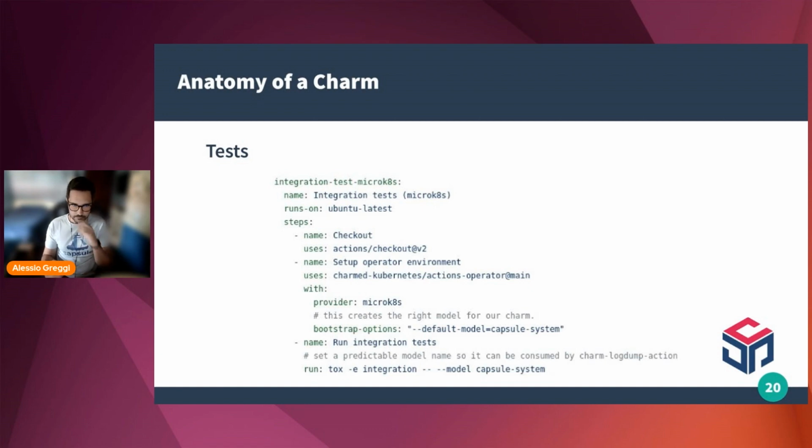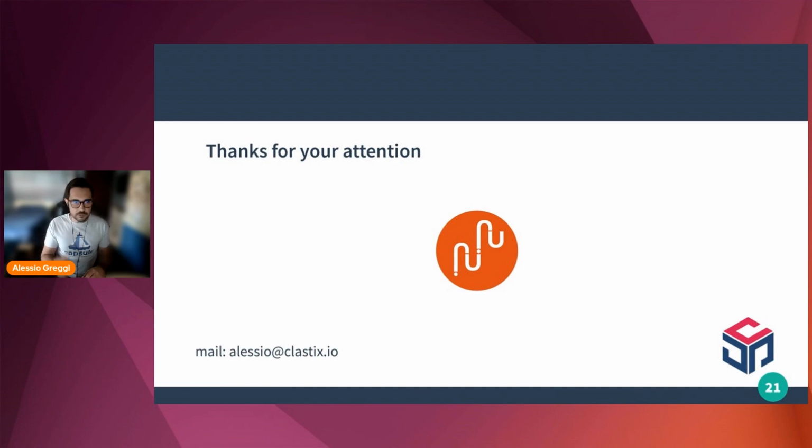So we are essentially setting up a MicroK8s and passing to MicroK8s the default model where we are going to install the charm. And in the end, we run the integration test with Tox, so using tox -e integration. And in this case, we can have an automated pipeline to run the test with Charm. So the talk is finished.